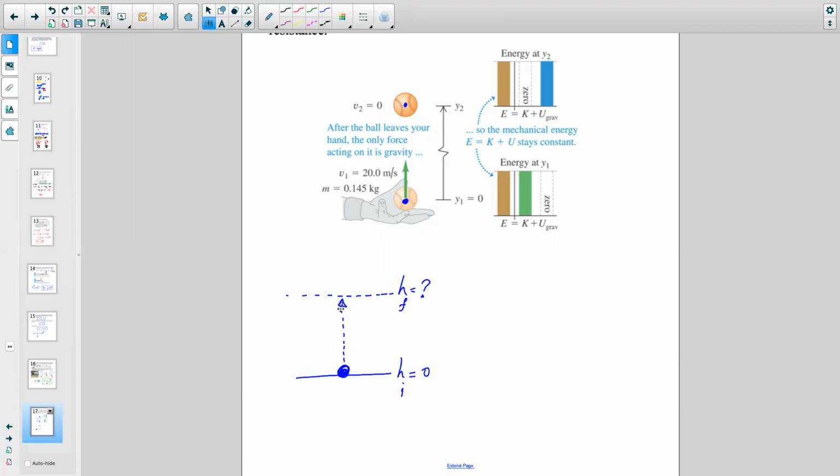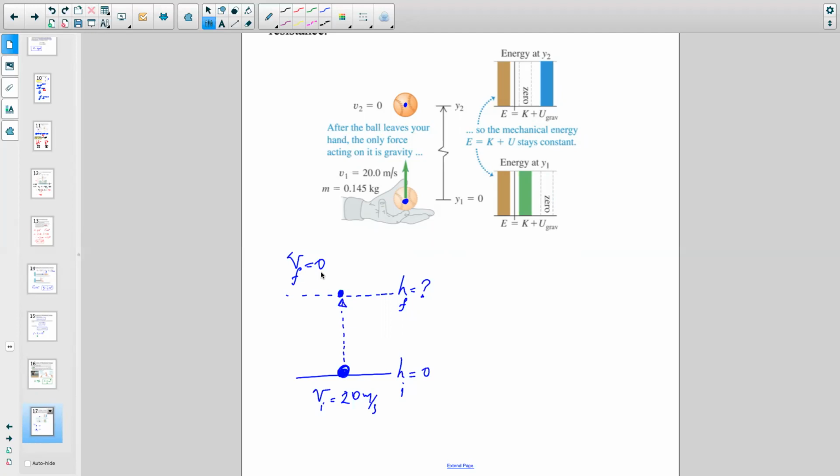And here the initial velocity is 20 meters per second, and it will eventually stop at some point, so the final velocity, or V2, is 0. So V final is 0. Looking at this problem, do we have any non-conservative force?